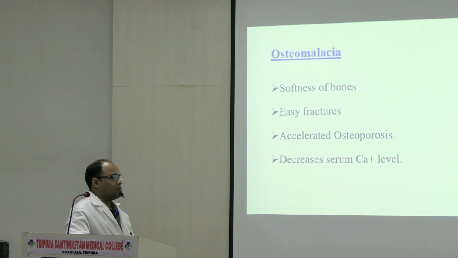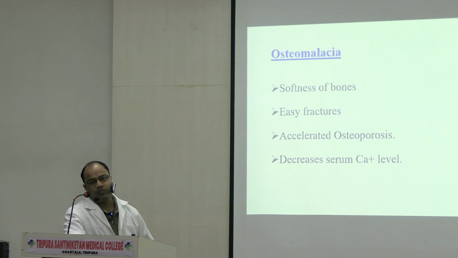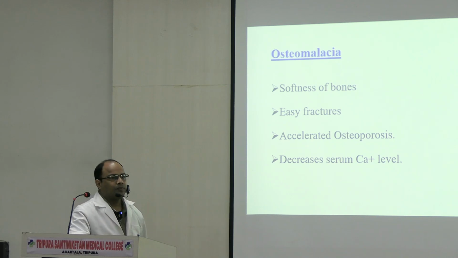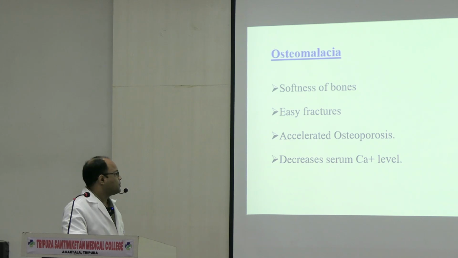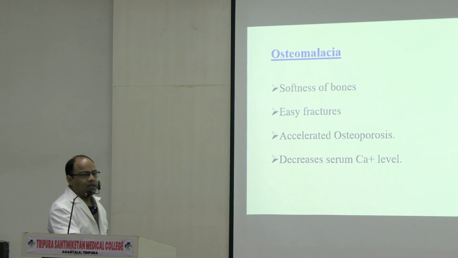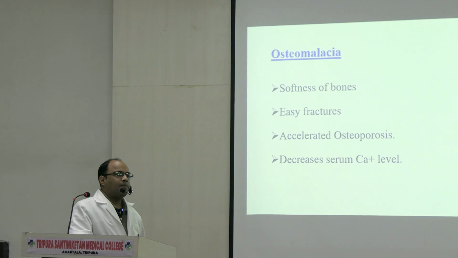Accelerated osteoporosis. Osteoporosis means sponginess of bone. Bone becomes soft. They lose calcium and minerals. And another thing is decreased blood level of calcium ion.